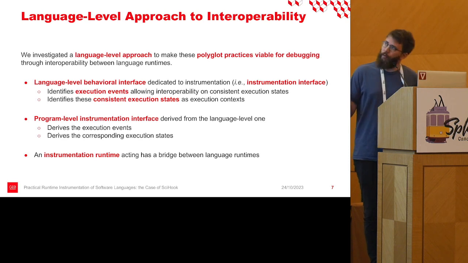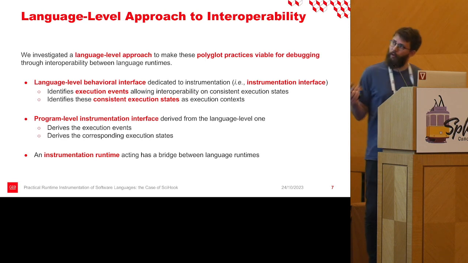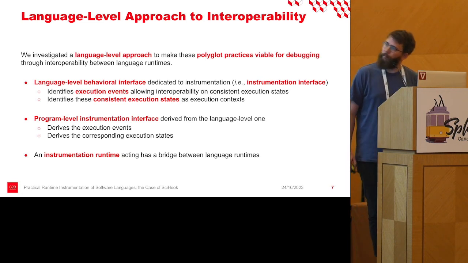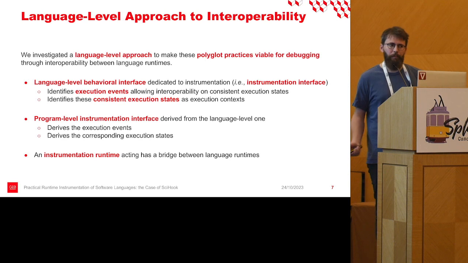So with this language-level interface, we can, for any program of the language, derive the program-level instrumentation interface, which declares and derives these execution events and corresponding execution states. And finally, we have an instrumentation runtime, which acts as a bridge between the two language runtimes.